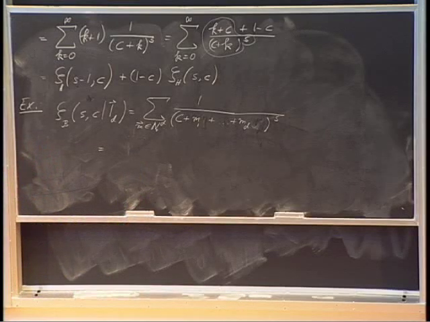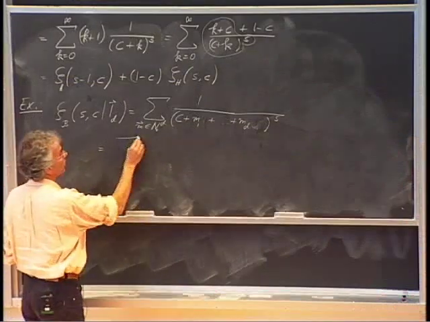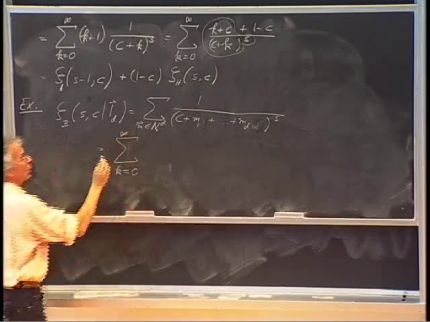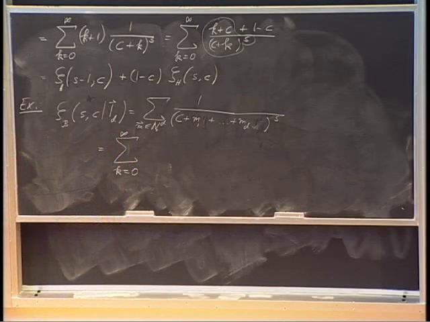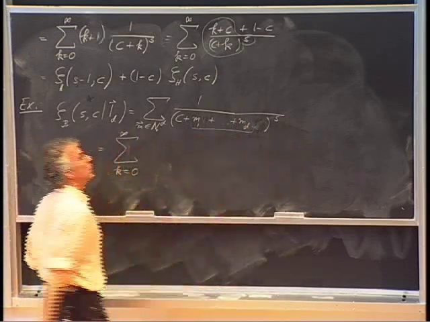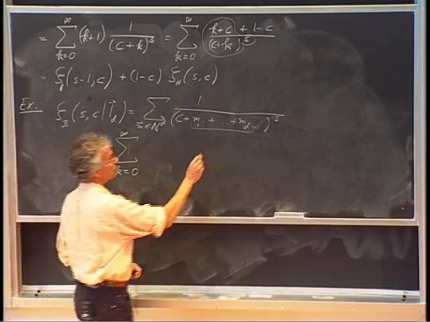And you can make the similar consideration as I did here for the two summations. So you introduce k to be the sum over m1 through md. The range is therefore 0 to infinity.